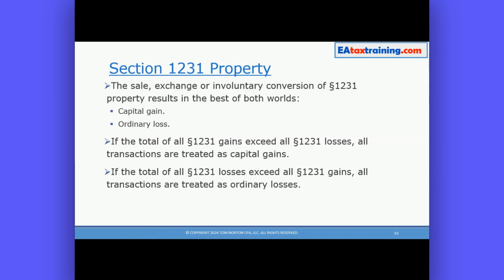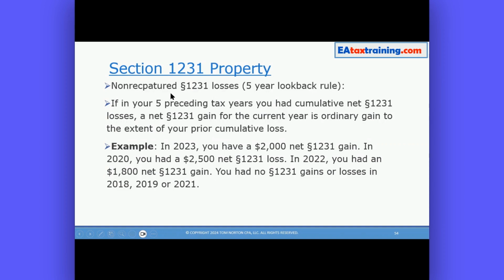And if you have a loss, you get ordinary loss treatment. So that's awesome. So you look at the total of all the Section 1231 gains and losses, and if it results in a net gain, then it's all treated as capital gain. If it results in a net loss, then it is all treated as an ordinary loss. So that's the good news.